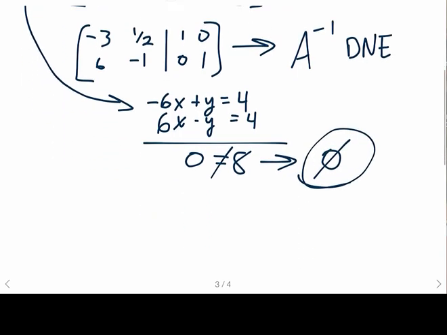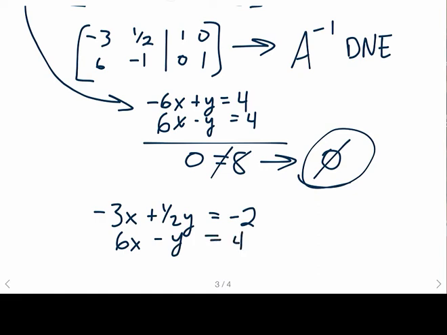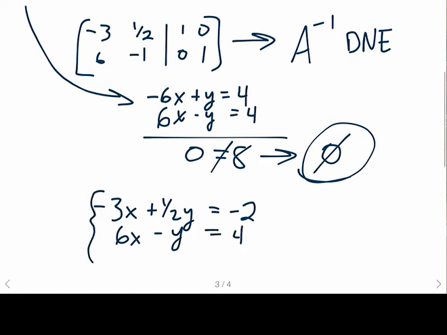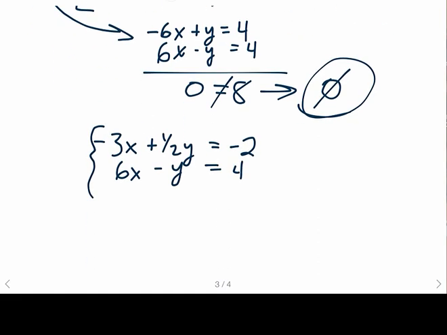Suppose our initial system had been -3x plus 1/2 y equals -2, and 6x minus y equals 4. Then multiplying the first equation by 2 would have given me -6x plus y equals -4, and 6x minus y equals 4.